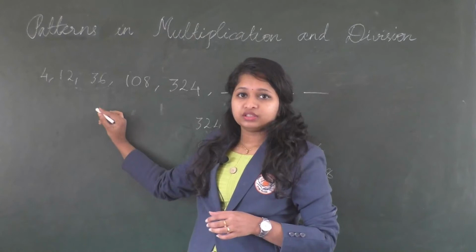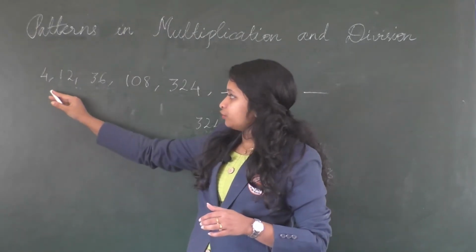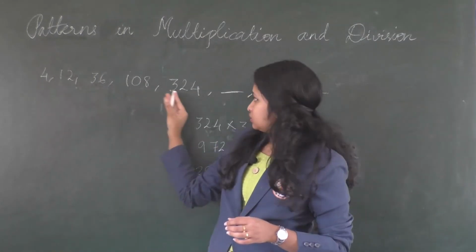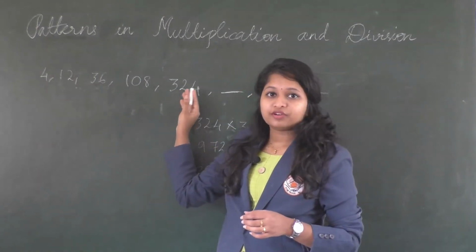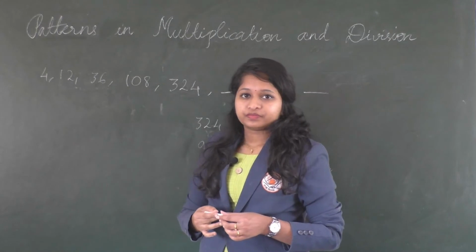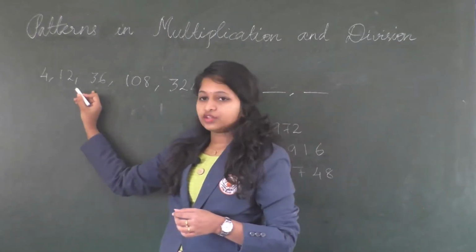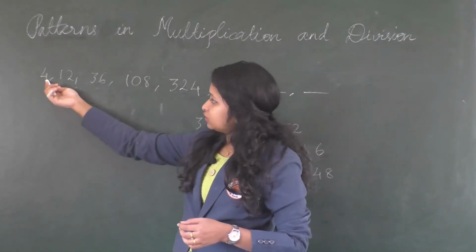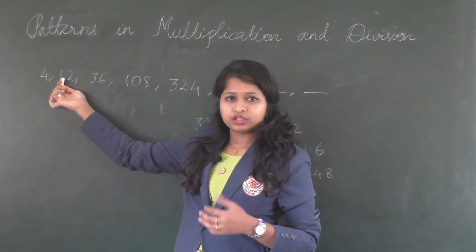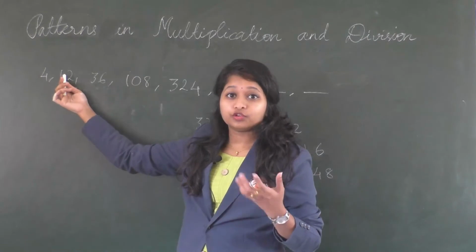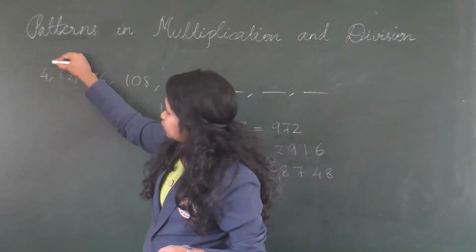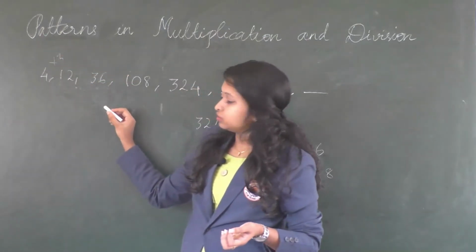See here, I have a question. 4, 12, 36, 108, 324, and find the rest of the numbers. So can you see any pattern here? 4 into something is 12. 4 into 3 is 12.